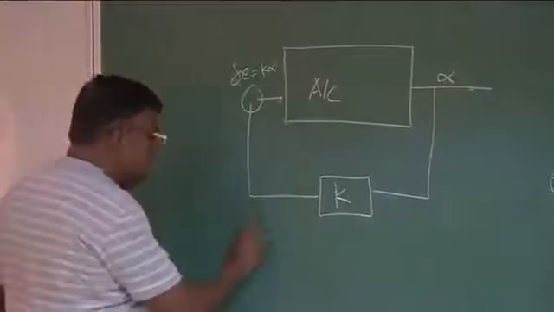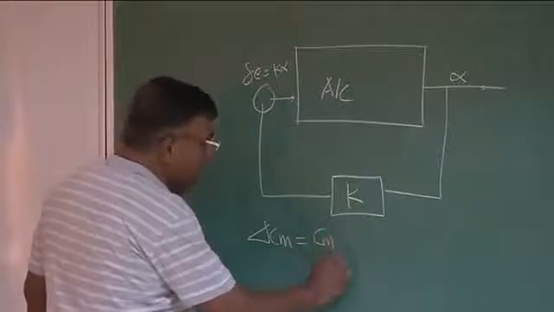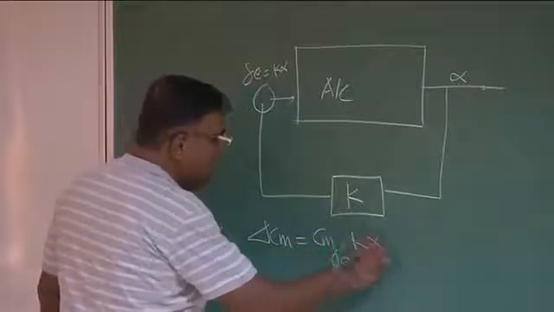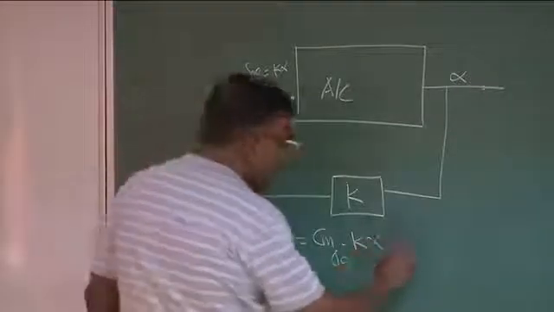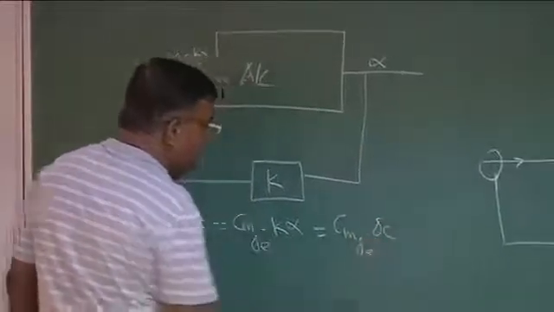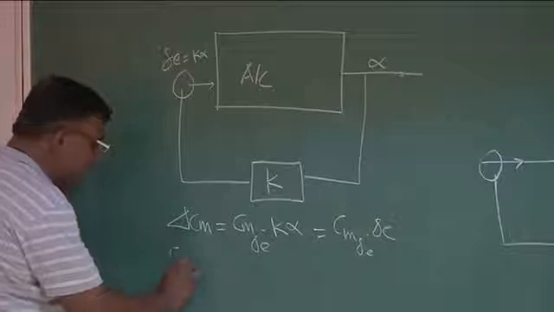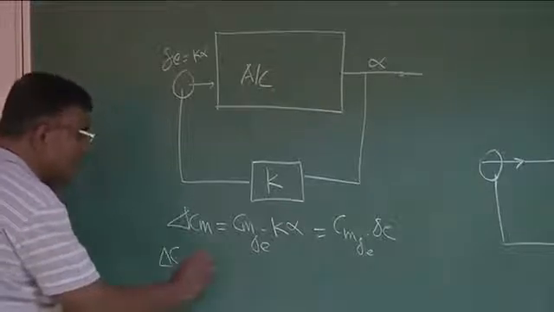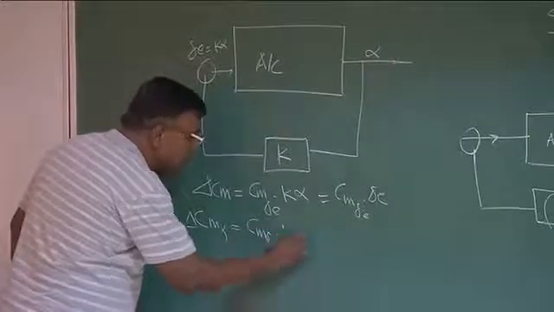I write delta Cm equal to Cm delta E into K alpha. Okay? Because it's nothing but Cm delta E into delta E, and delta E is K alpha. So delta Cm alpha will be Cm delta E into K.